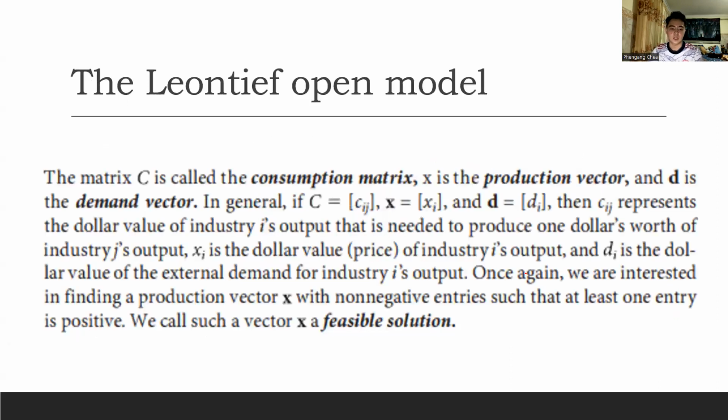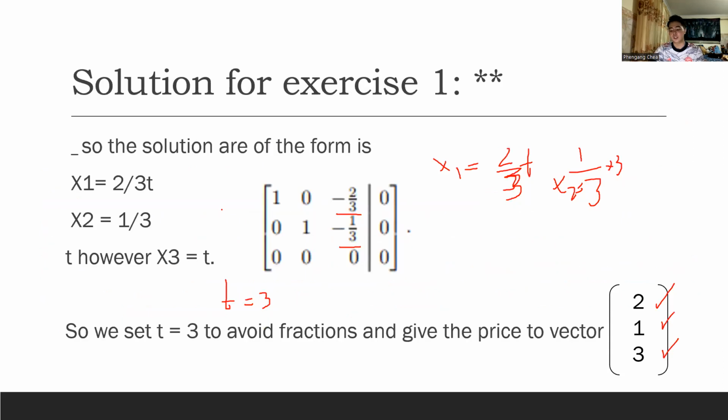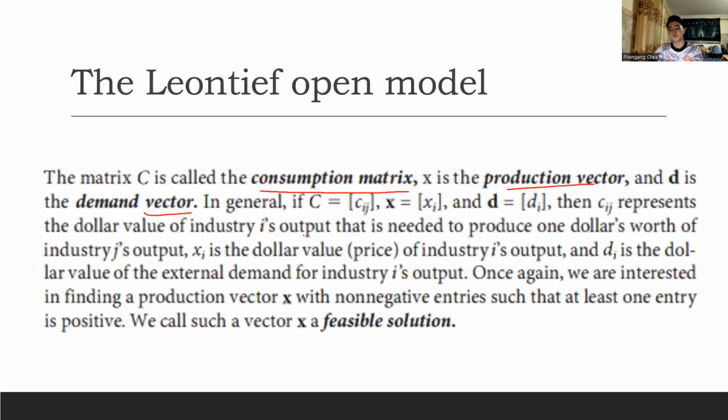That's it. And another point is linear input-output models. The matrix C is called the consumption matrix, and X is the production vector, and D is the demand vector. So C is the consumption matrix, X is the production vector, it's not price anymore, and D is the demand vector.